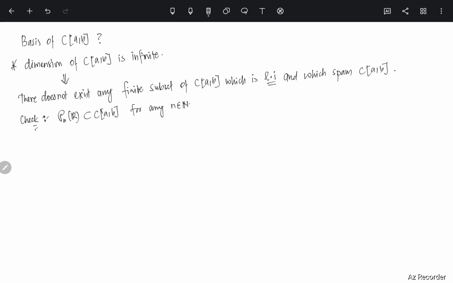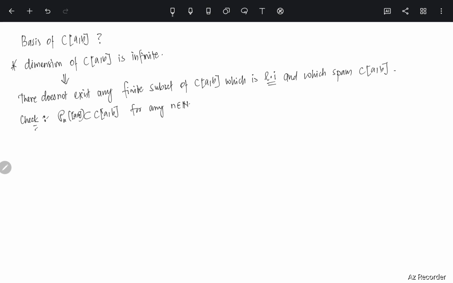Sorry, I have to write it like this: P_n(R) defined on [a,b]. Basically any polynomials defined on closed interval [a,b] are always contained in C[a,b], because any polynomials are continuous functions.